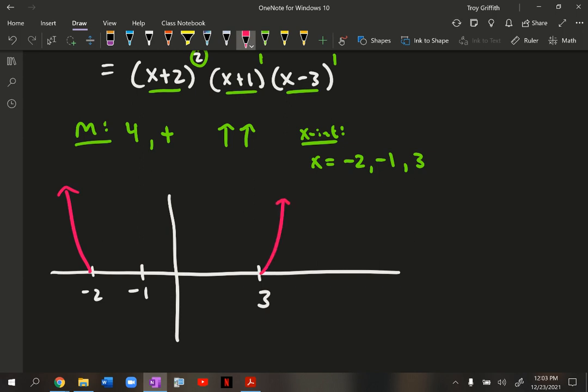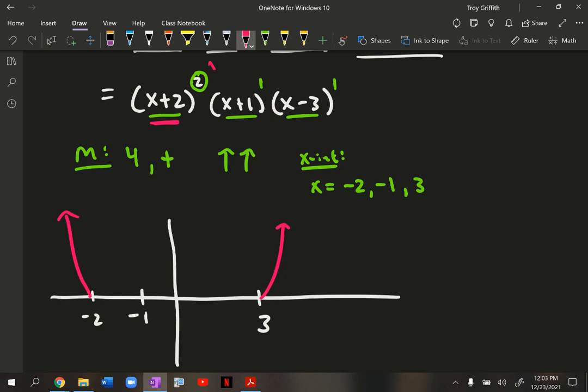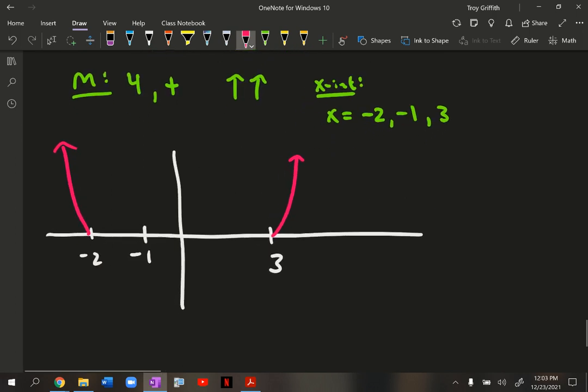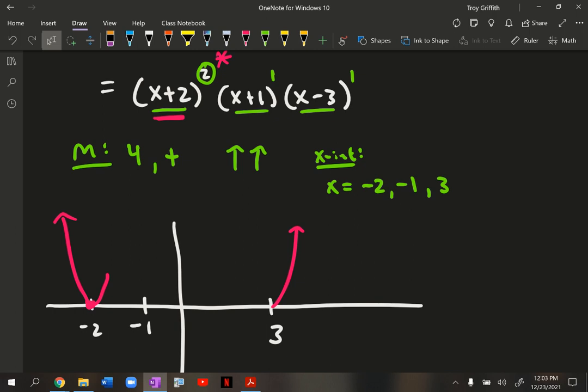And let's think about what's going to happen at each one of these x-intercepts. Let's start out with the x-intercept at -2. That comes from this factor here. And what you'll notice is this exponent is even. And remember, we've said, hey, if the multiplicity of the factor that causes the x-intercept is even, we don't go through at that x-intercept, we bounce. Okay, so I'm actually going to have a bounce here at -2, and both of my other x-intercepts have a multiplicity of 1.